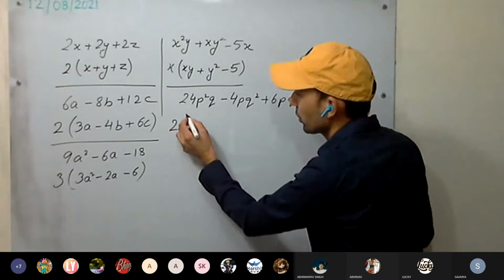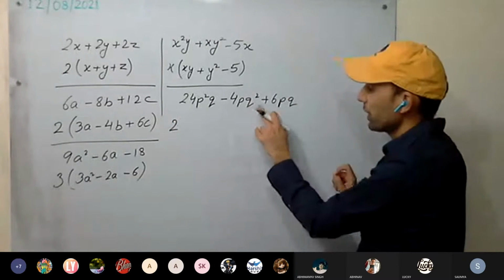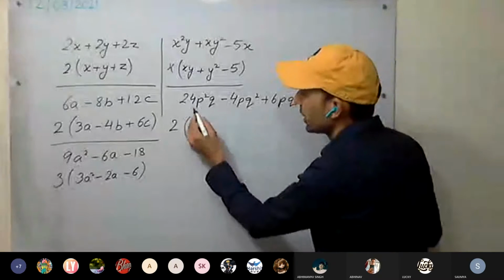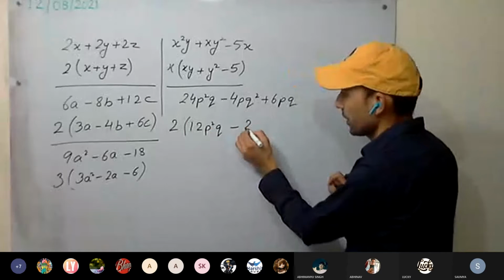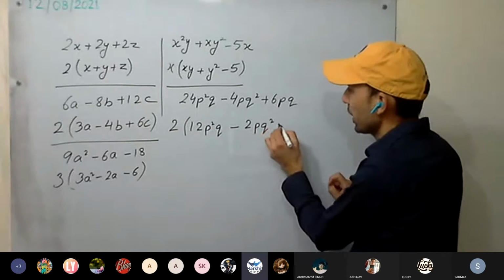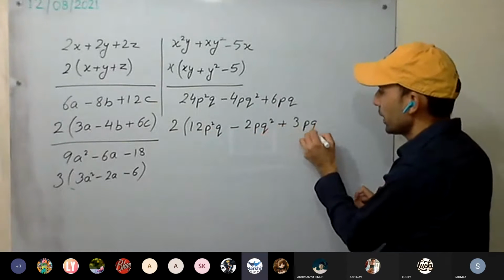We take 2 out. Once we take 2 out, it will be 12p squared q minus 2pq squared plus 3pq.